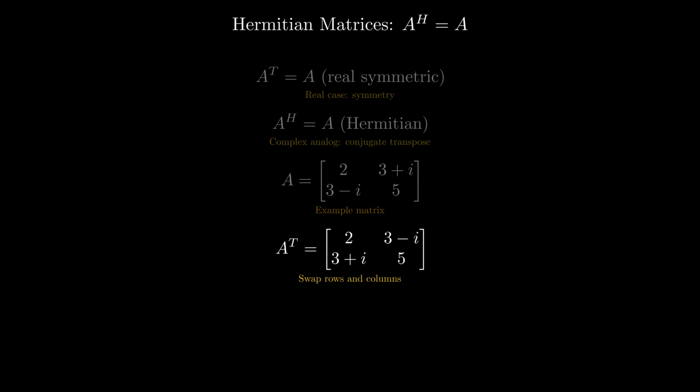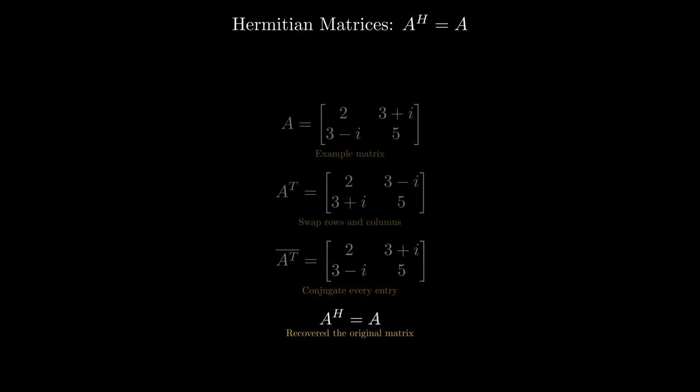First, transpose it by swapping rows and columns. The new first row becomes 2 and 3 minus i, and the new second row becomes 3 plus i and 5. Now conjugate every entry. The 2 stays 2, 3 minus i becomes 3 plus i, 3 plus i becomes 3 minus i, and the 5 stays 5. Look what happened. We recovered the original matrix A, so A Hermitian equals A.